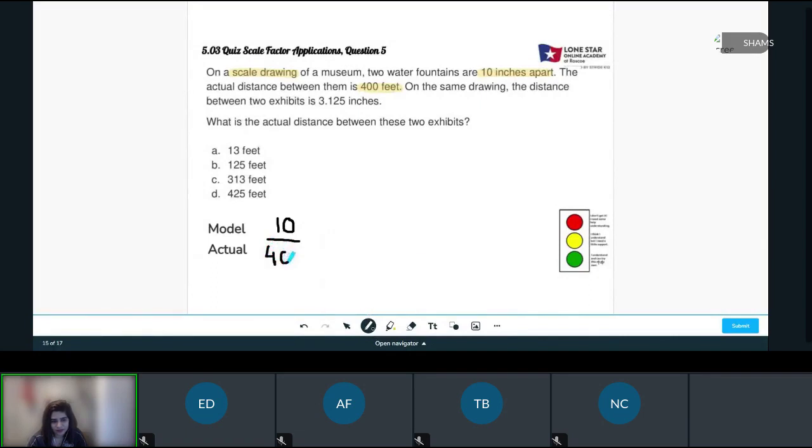Then let's read further. On the same drawing, now I know they're talking about the drawing, the distance between the 2 exhibits is 3.125 on the model.